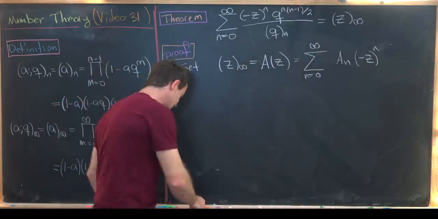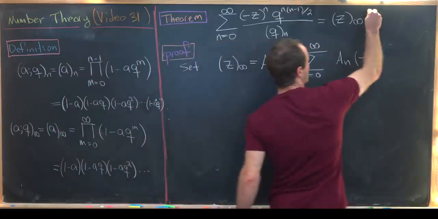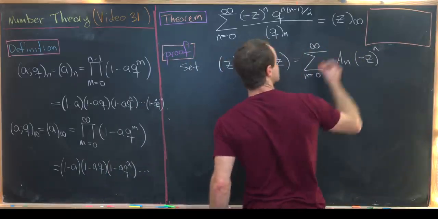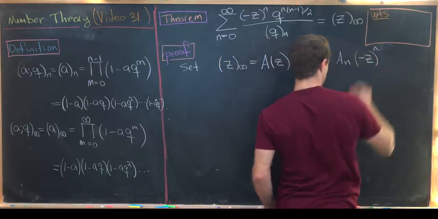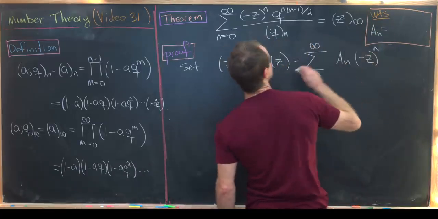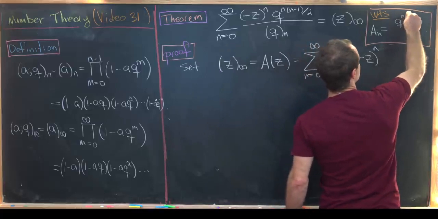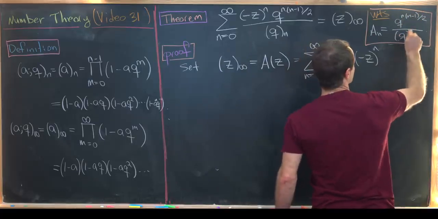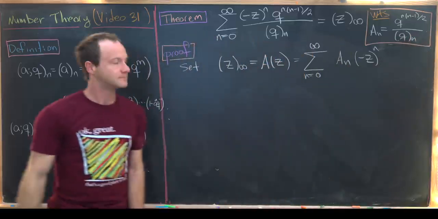So let's see, what does that mean we want to end up with for our a sub n? Just to reiterate, we want to show that our a sub n in this case is equal to q^(n(n-1)/2) over the Pochhammer symbol (q;q)_n, like that.